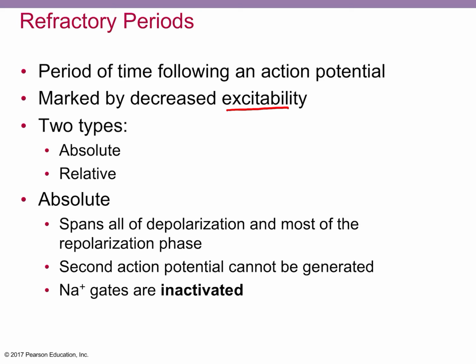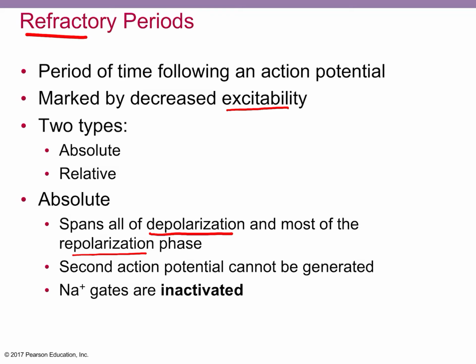So the absolute refractory period basically spans all of the depolarization and most of the repolarization phase. What this means is the neuron is creating an action potential already, and so you cannot put another action potential on that neuron. The neuron cannot create another action potential because it's basically in the midst of doing its first action potential.